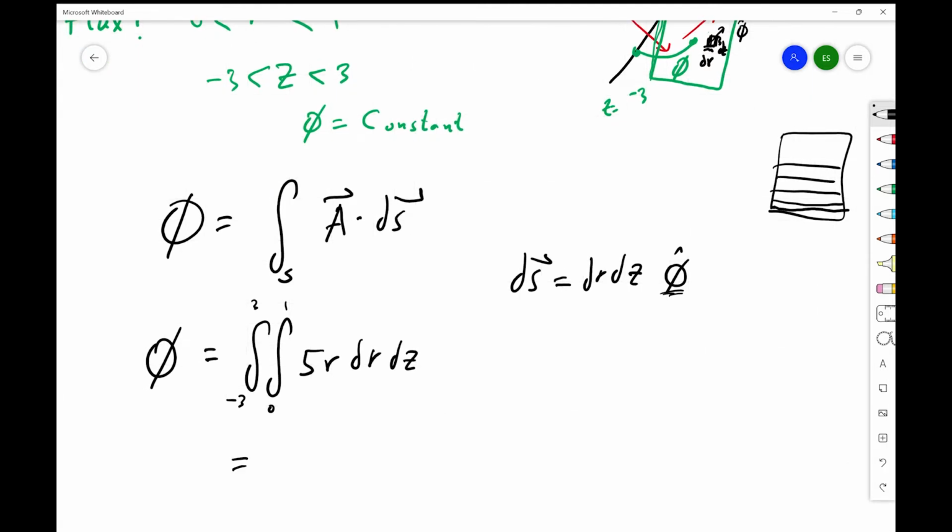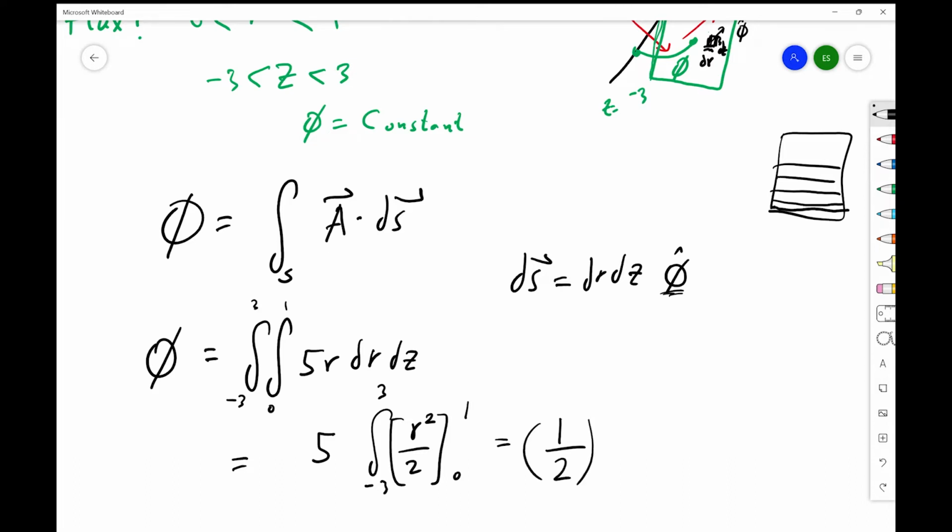And this is a simple integral to do. So this is going to be r squared over 2, evaluated from 0 to 1. So this is going to be 1/2. And then what's remaining is 5 times the integral of dz from -3 to 3.